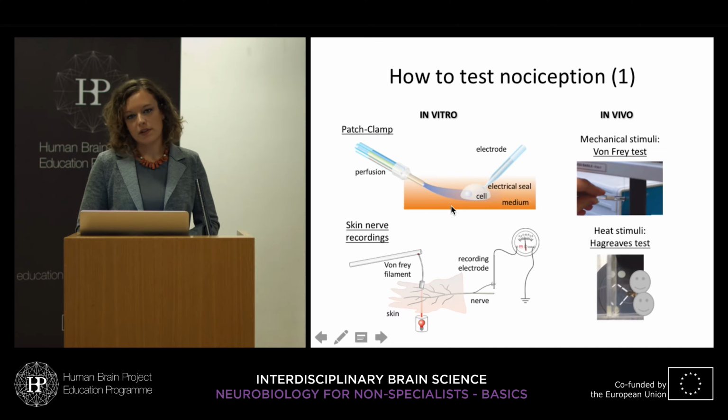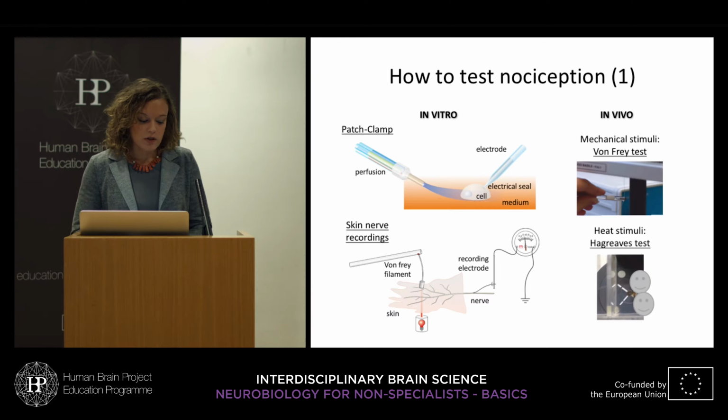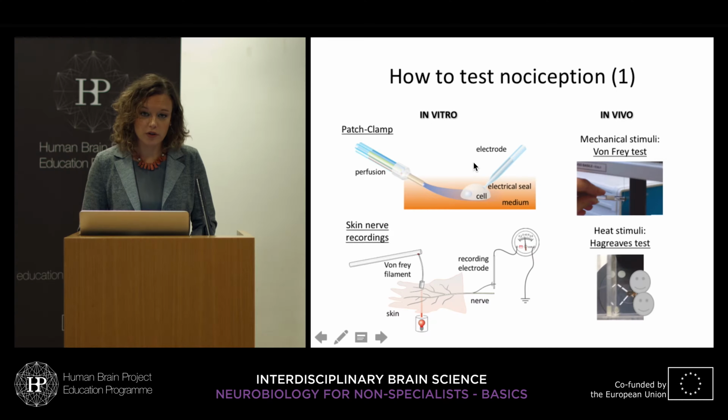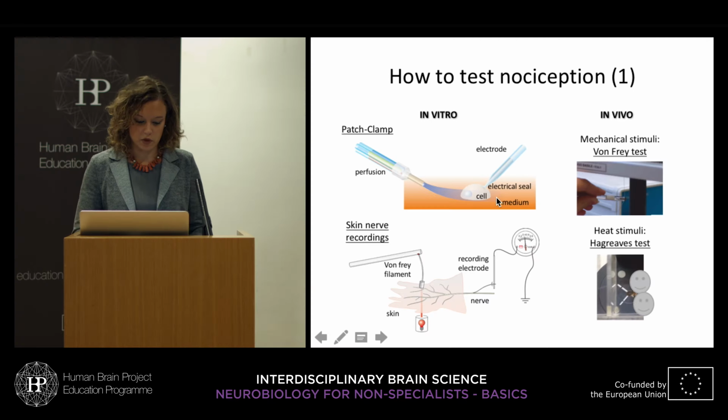So how can you test nociception? There are different techniques. For example, in vitro, you can record the electrical signal coming from your nociceptor. If you have DRG neurons, dorsal root ganglia neurons, in culture, and you stimulate them with different substances that activate your nociceptors, you can then record the electric signal that comes from them.